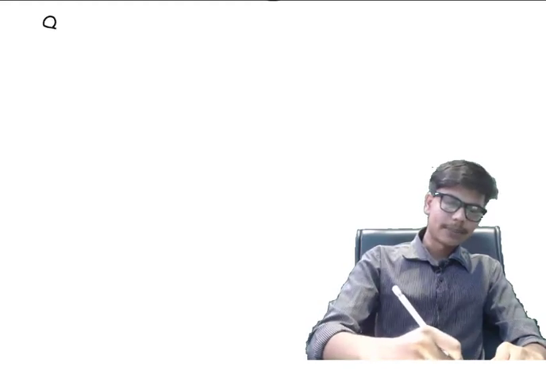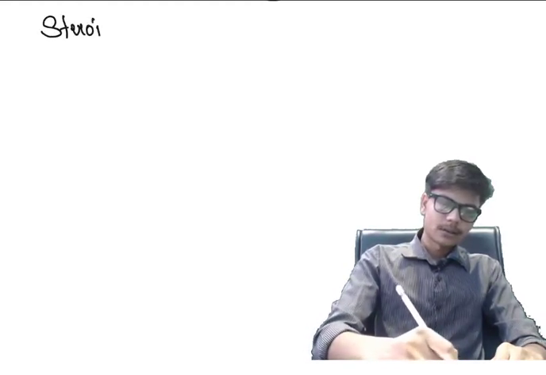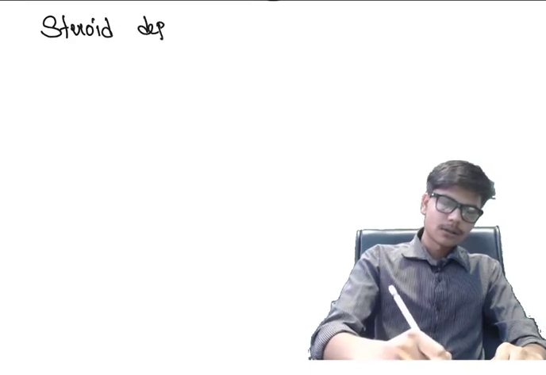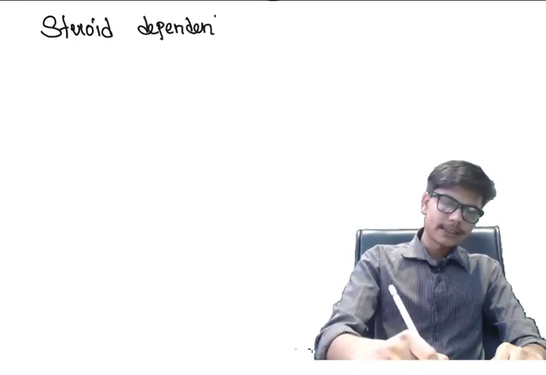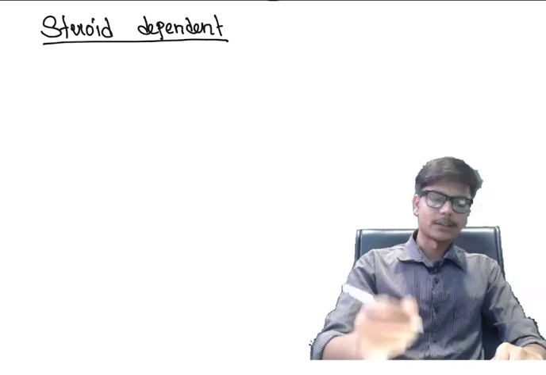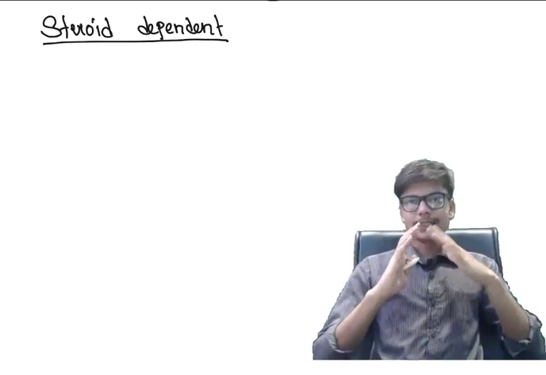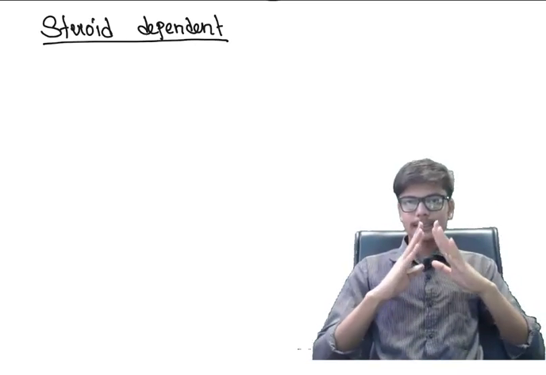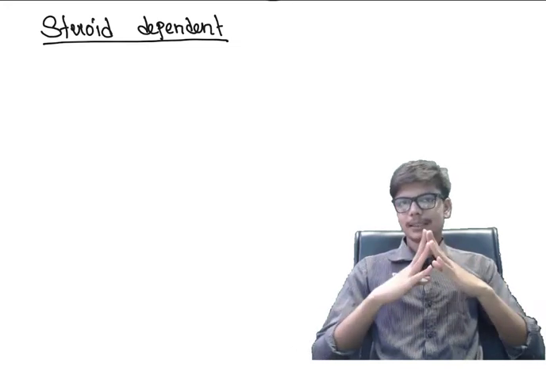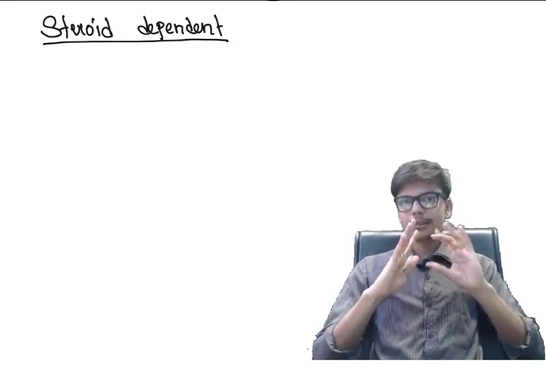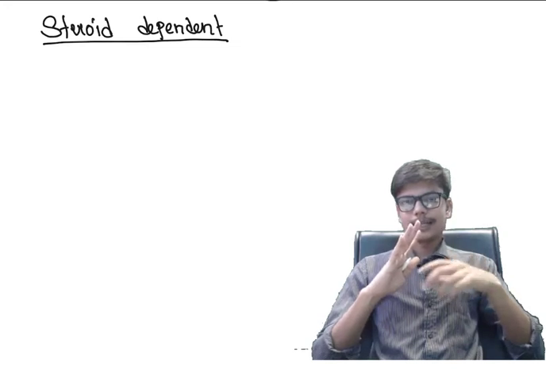So there is another term regarding treatment of steroid, that is steroid dependent nephrotic syndrome. What is this steroid dependent nephrotic syndrome? When a person is being treated with a steroid, the person may go into remission, but after stopping the steroid therapy, the person may have a relapse.